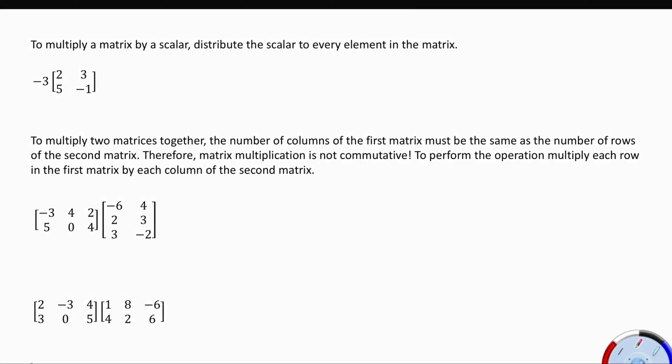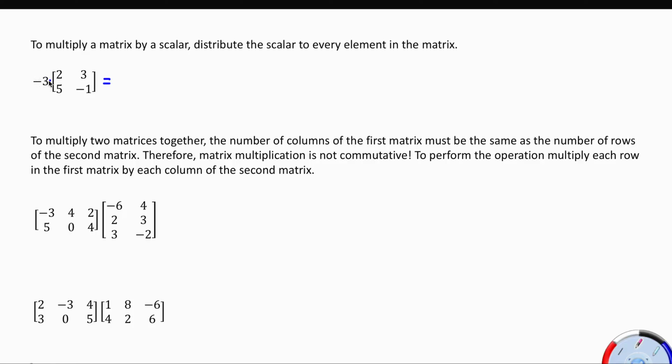To multiply a matrix by a scalar, or in other words, a single numerical value, all I do is distribute the scalar to every element in the matrix. So now this is a scalar times a matrix.